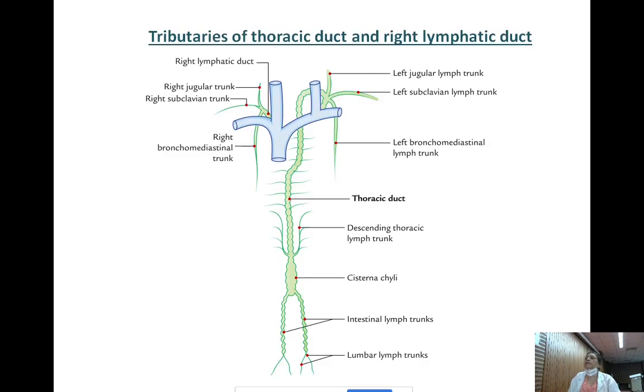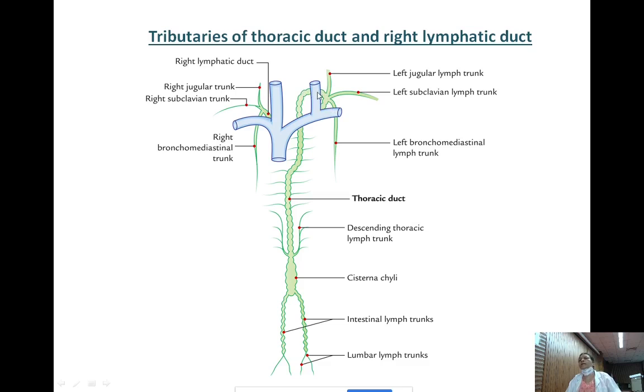So tributaries of the thoracic duct, what? That is the cisterna chyli. The cisterna chyli receives the intestinal lymph trunk, draining the abdomen, and the lumbar lymph trunk, draining the lower limb, and they enter into the cisterna chyli, and then the thoracic duct continues up to the level of the sternal angle. It deviates towards the left side, runs behind the internal jugular vein, and forms an arch.